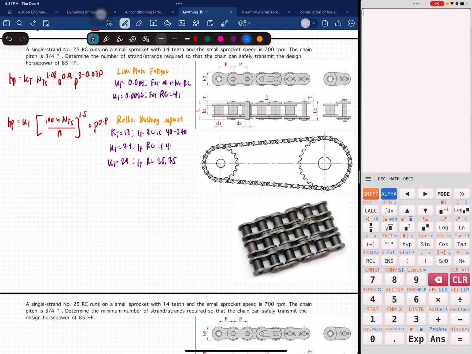Okay. So let's say this is our equation 1, and this is our equation 2.